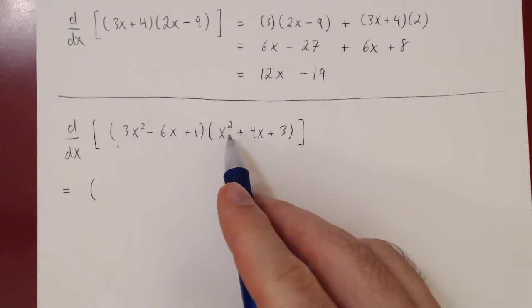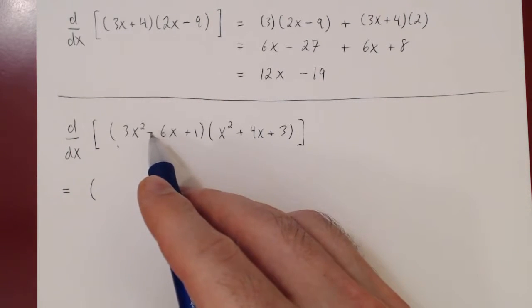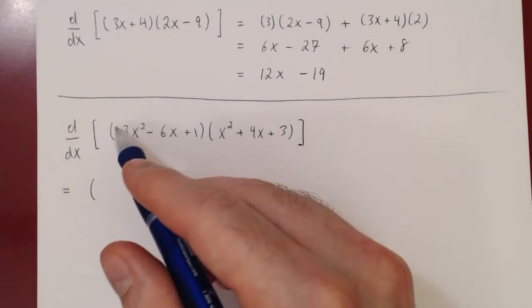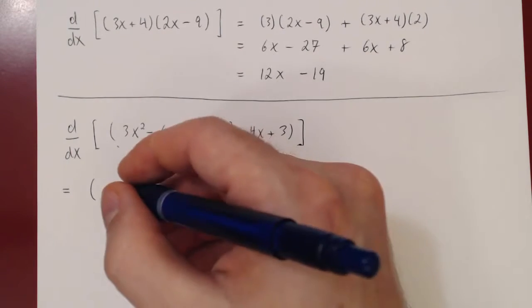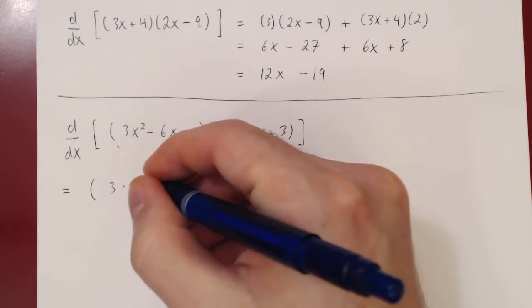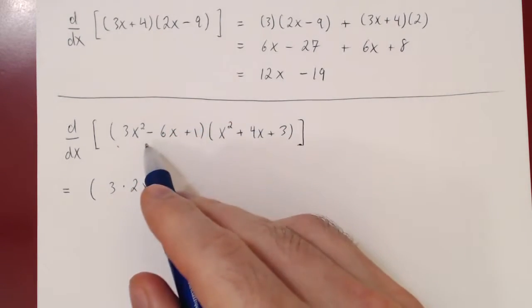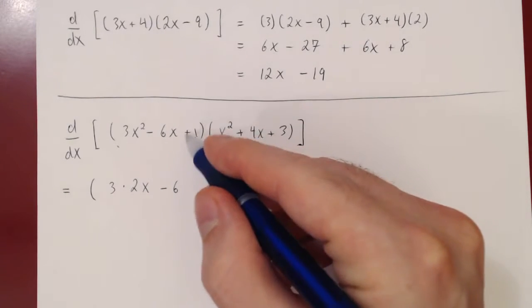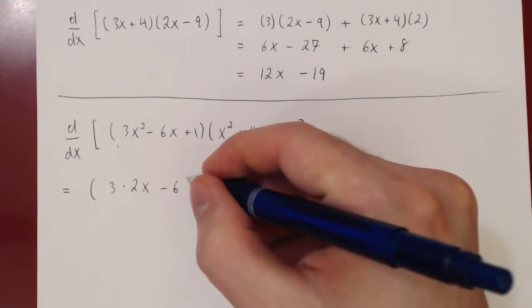let's differentiate this one term at a time, right? The derivative over a sum or difference of functions is the sum and difference of the derivatives. So 3 is a constant multiple, it stays there. So it's 3 times the derivative of x squared, which is 2x, minus the derivative of 6x, this is 6, plus the derivative of 1, which is 0.